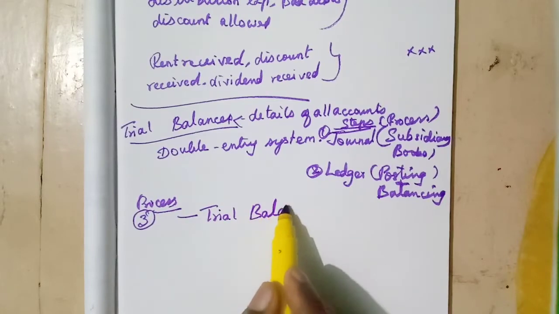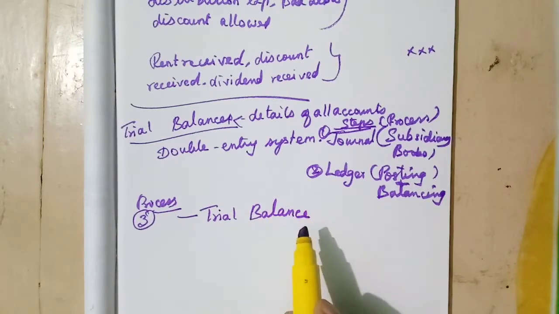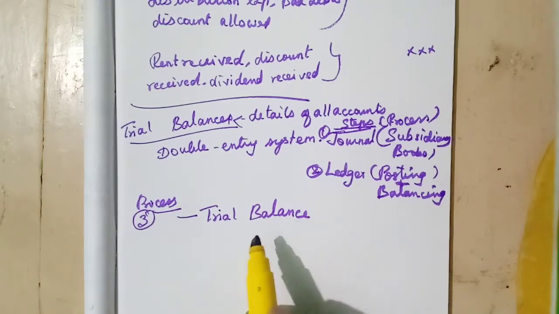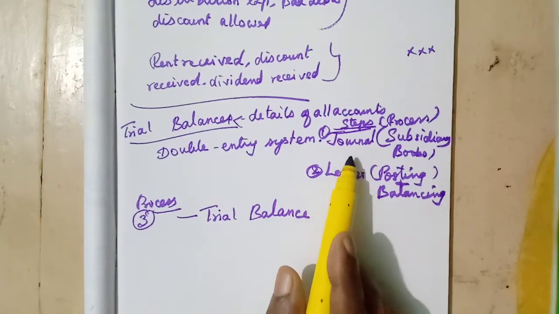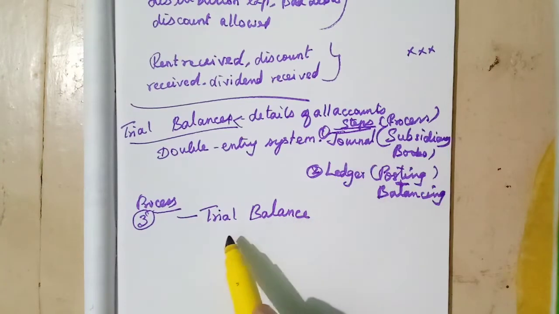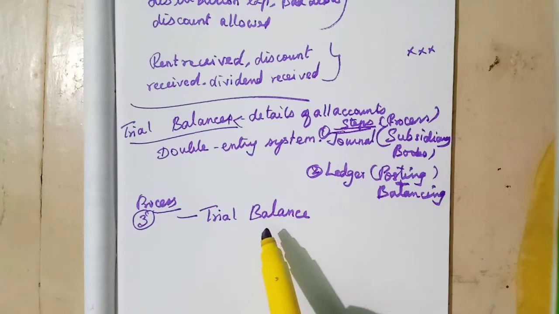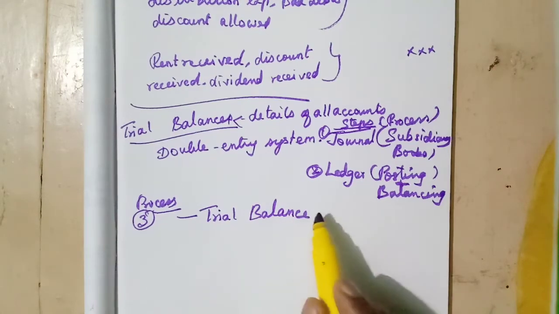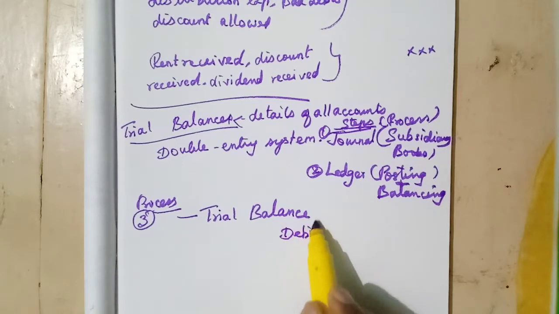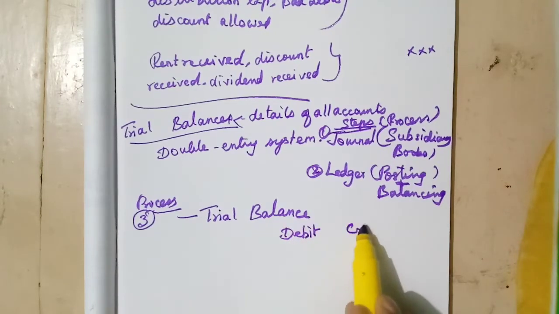So, the third process is preparing the trial balance. Here, all the journal entries in the journal are posted in the ledger accounts, and those balances are written in the trial balance. It has two columns, one debit and the other credit, isn't it?